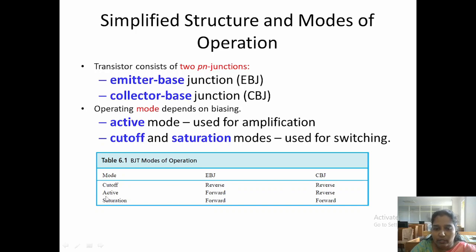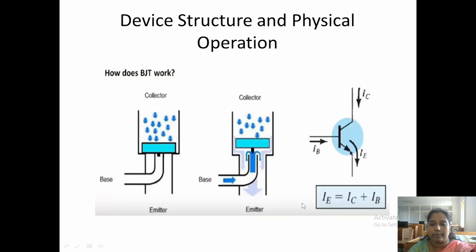In the active region, the emitter-base junction is forward biased and the collector-base junction is reverse biased. In saturation mode, the emitter-base junction is forward biased and the collector-base junction is forward biased. These are the three modes of operation, where both junctions are forward biased or reverse biased.